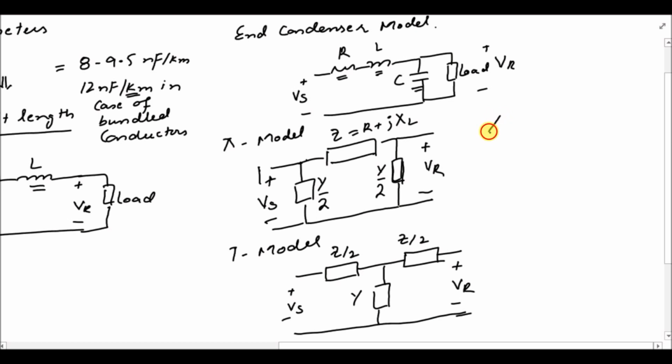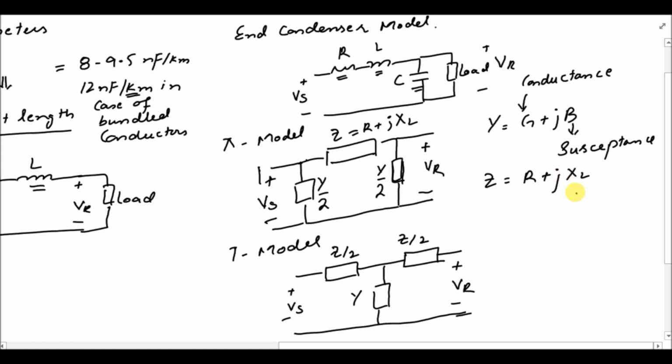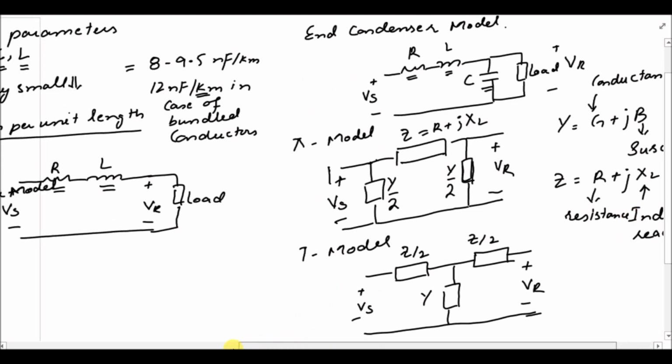The admittance by formula is G plus jB, where G is the conductance and B is the susceptance. Similarly, impedance is R plus jXL, where XL is the inductive reactance and R is the resistance. So these are the three models that we usually use in the modeling of a medium transmission line.